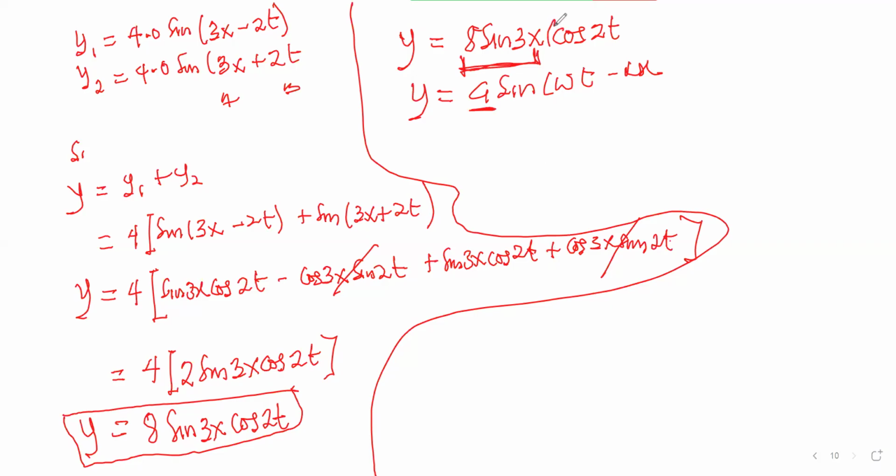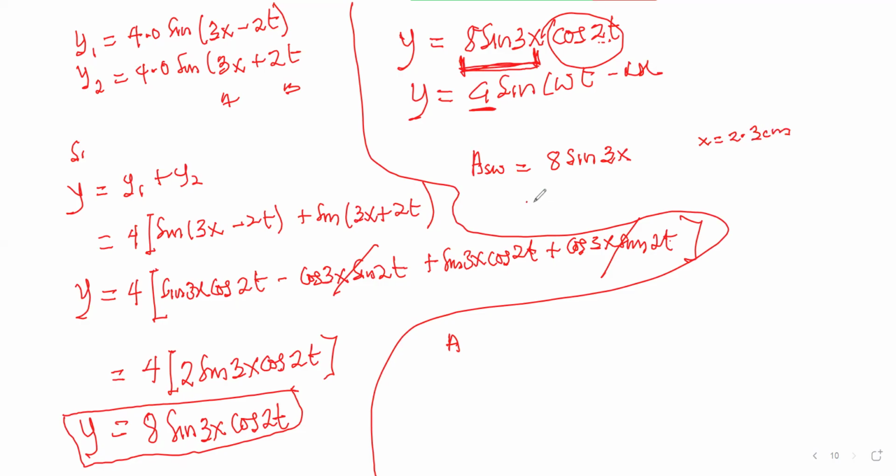The coefficient of the time term becomes the amplitude. So the amplitude of the stationary wave is 8 sine 3x. It's in itself a trig function. So you pick the amplitude of the stationary wave, which is a trig function, and then substitute when x is equal to 2.3, what will be the amplitude?